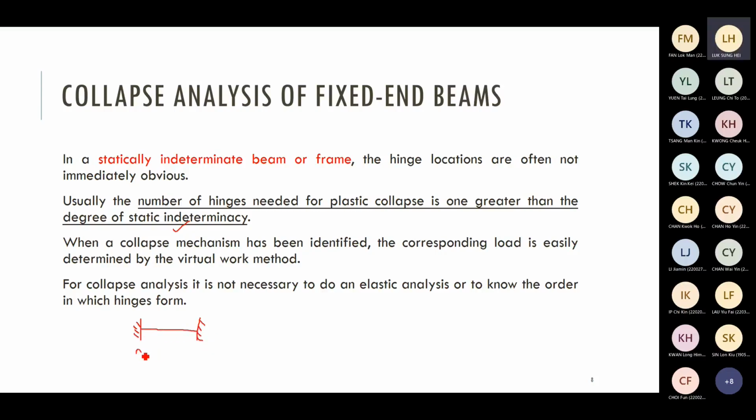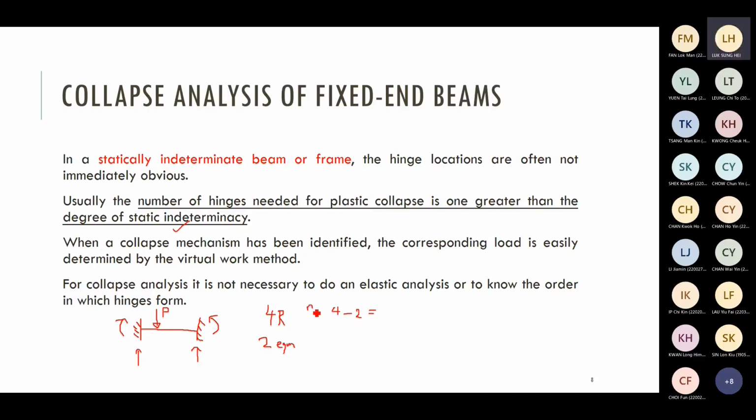For a fixed end beam under loading, you have totally 4 reactions, right? And you have 2 equilibrium equations, one for vertical force, one for moment equilibrium. So the static indeterminacy is equal to 4 minus 2 equal to 2.